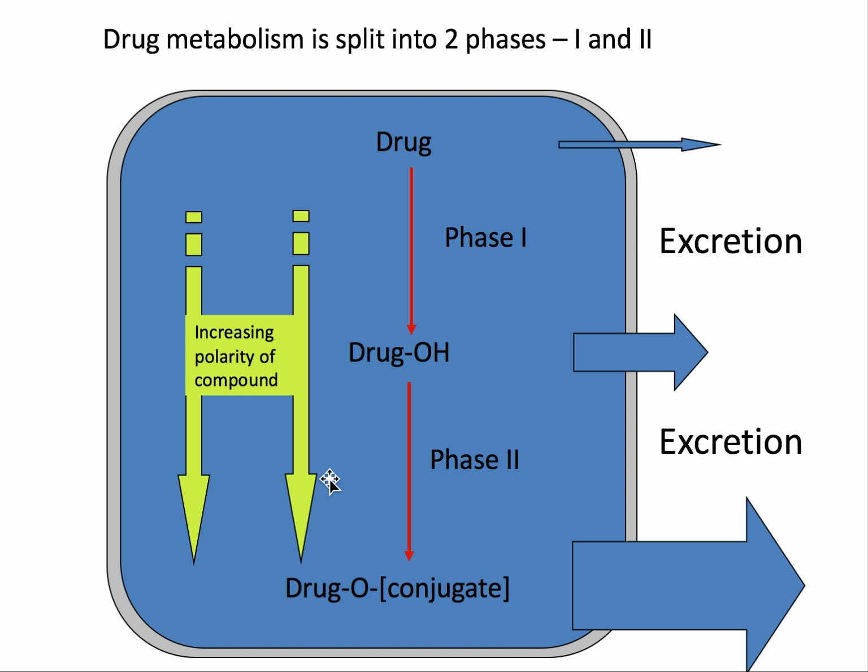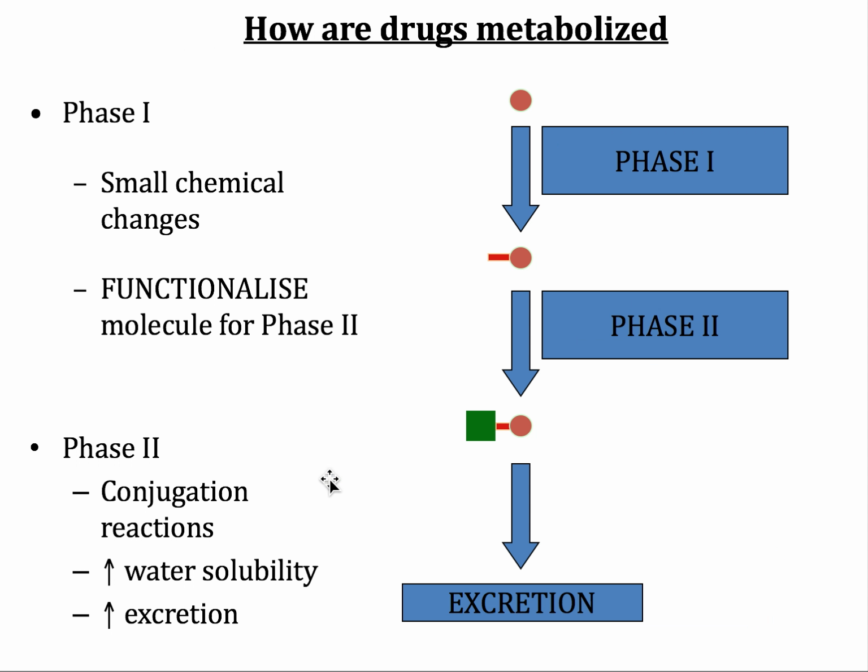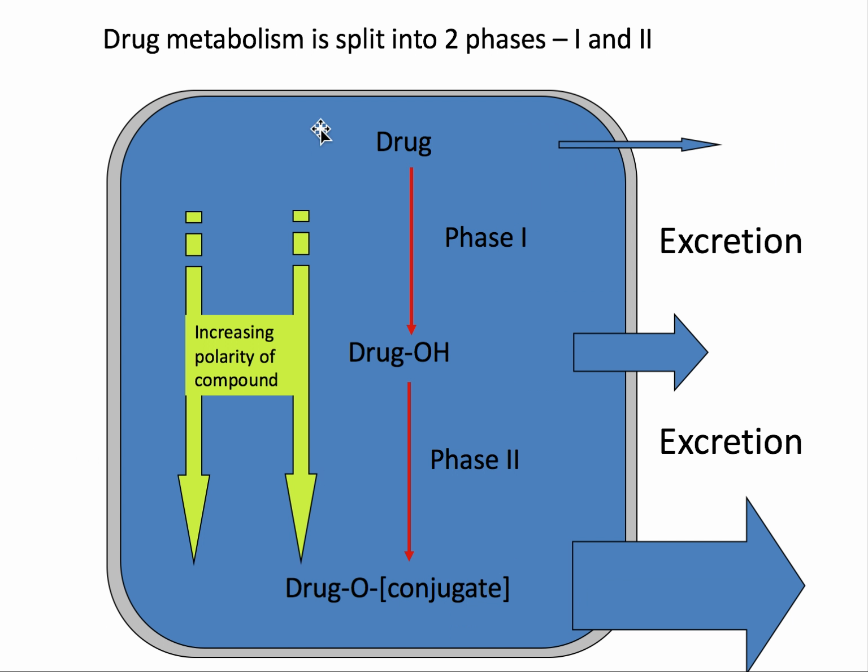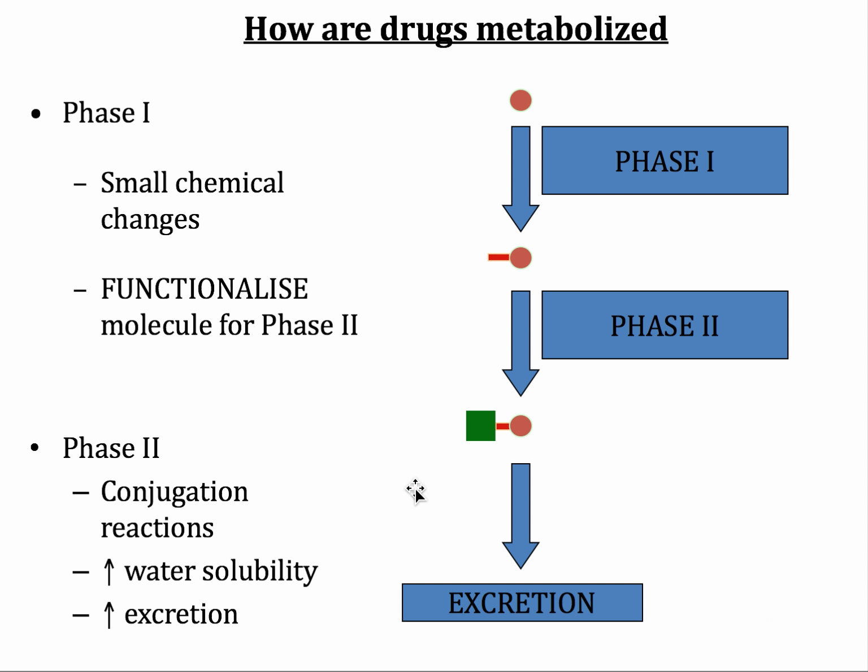So polarity also increases, making it more polar as you go down, from when the drug first enters the liver, and as it's metabolized, it becomes more polar as well, which also contributes to the excretion, as mentioned earlier.